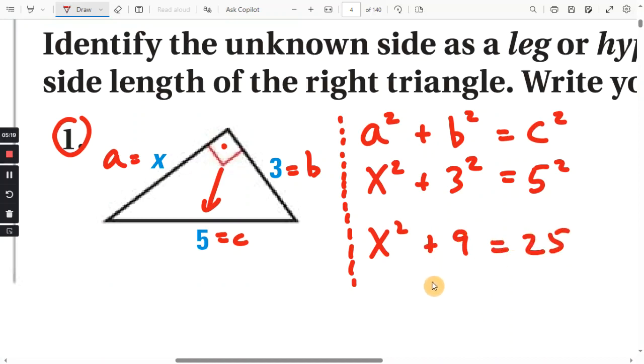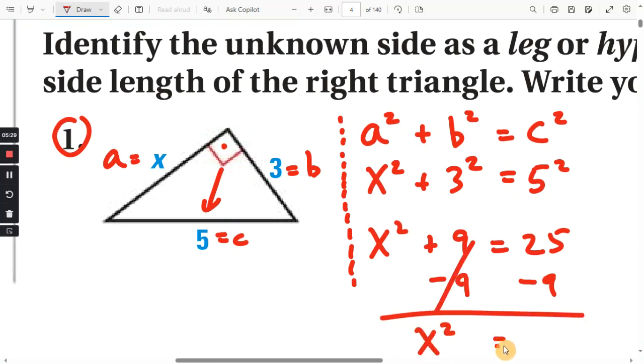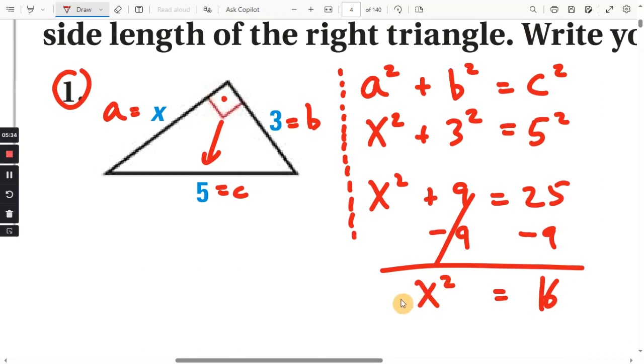Okay, the opposite of plus 9, we're looking to solve for x. The opposite of plus 9 is minus 9. Cancels there. Bring down your x squared, and 25 minus 9 is 16. All right, the opposite of squaring something is to take the square root. You do that to both sides, and the square root of 16 is just 4.